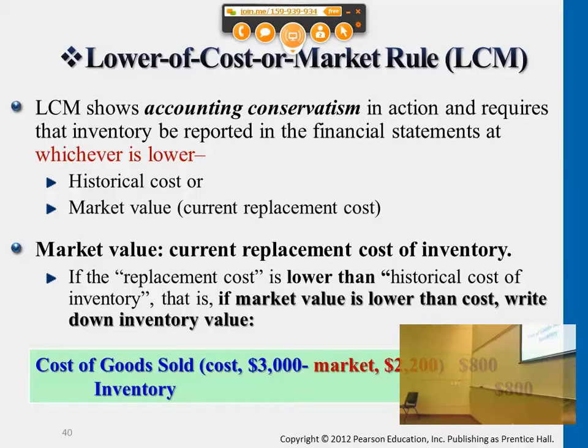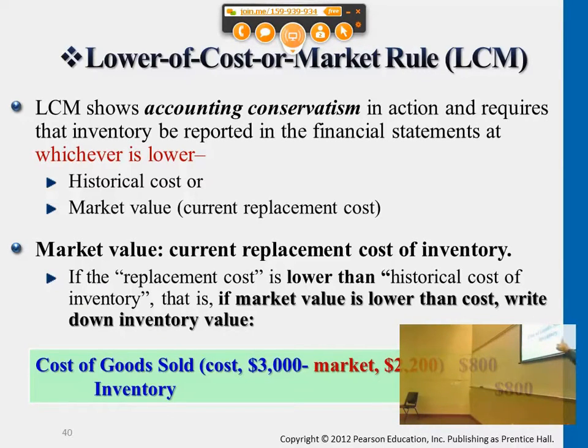So in the last part of Chapter 5, we talked about this journal entry. If there's a difference between what's in the system and what's really in the warehouse, we would journalize an adjusting entry that looks like this for inventory differences between the system and the actual value in the warehouse.